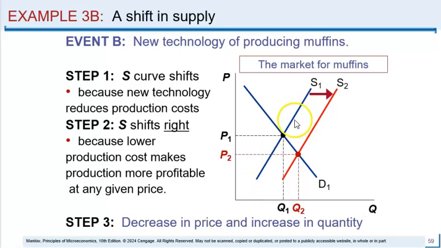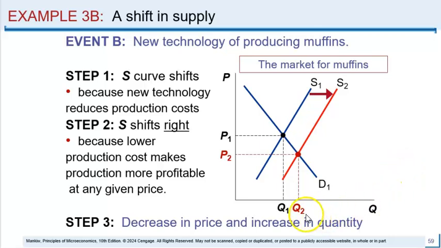Originally, the supply curve and the demand curve, S1 and D1, were intersecting each other at P1 and Q1 at this point. When supply shifts to the right from S1 to S2, the new point of equilibrium is P2 and Q2. So at the original equilibrium price, there would be a surplus, but market forces lead to elimination of this surplus, and we see there's a new equilibrium point with new equilibrium price P2 and new equilibrium quantity Q2.